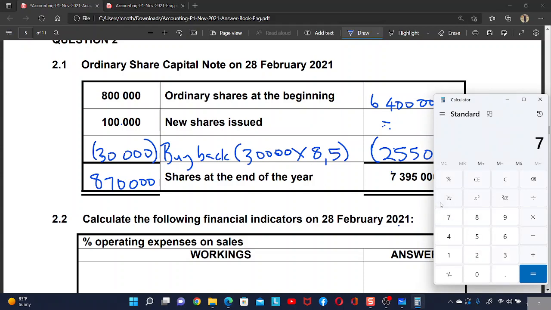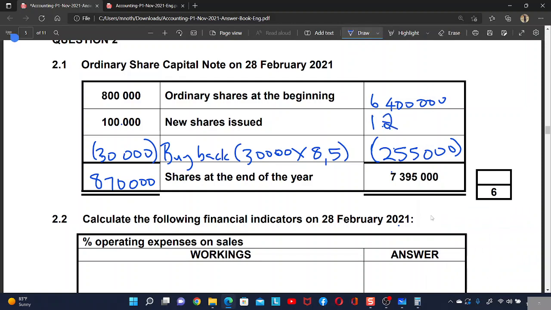We're going to say 7,395,000 plus 255 minus 6,400,000. So our answer is 1,210,050.